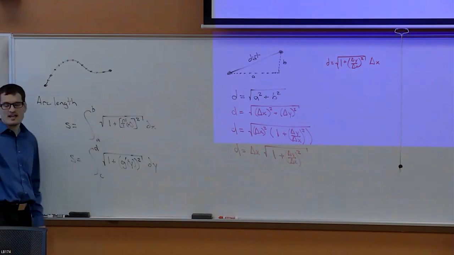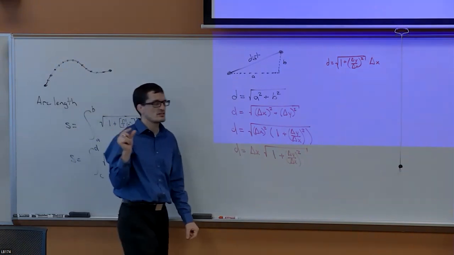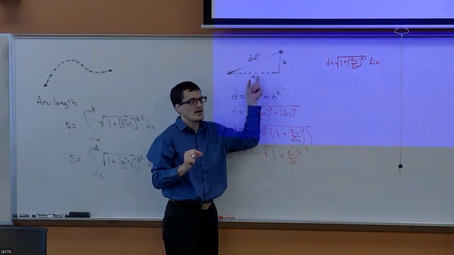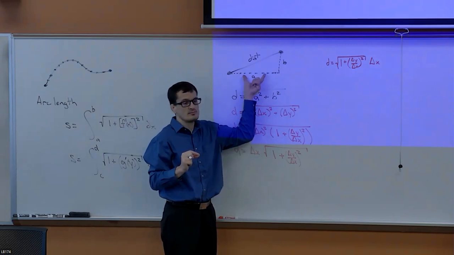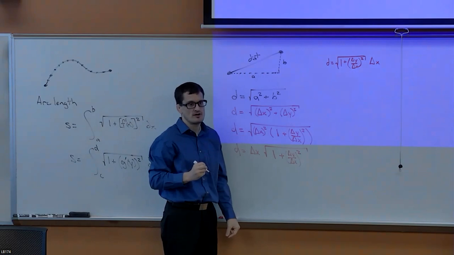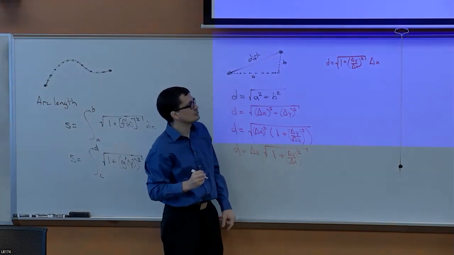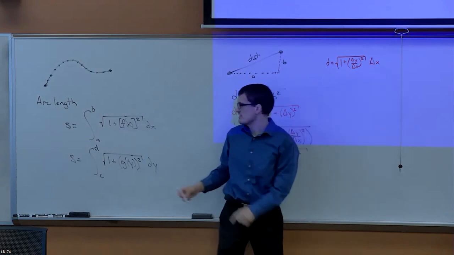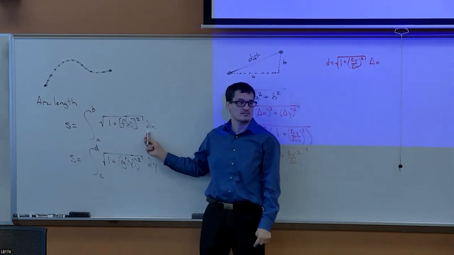As I let change in x go to 0, the limit as this little piece goes to 0, and then I sum up all of those, this delta x changes into my dx.